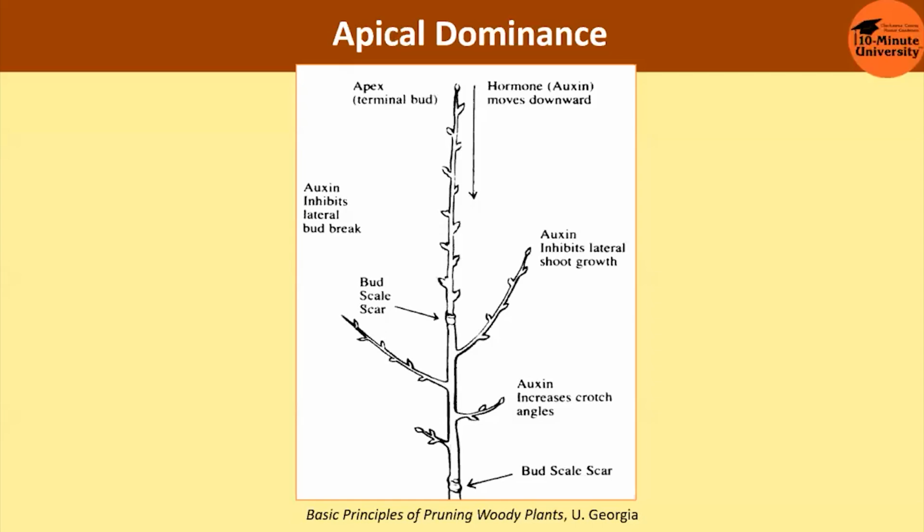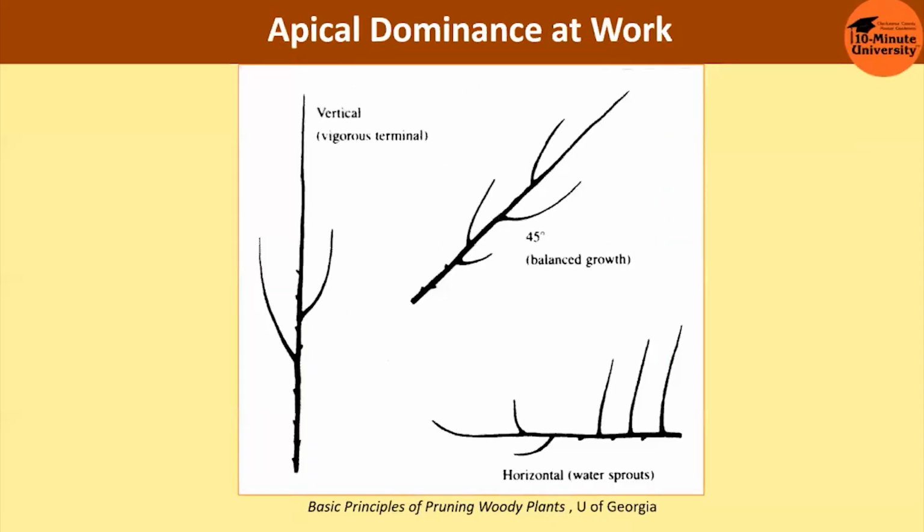So let's begin with apical dominance. Apical dominance is the result of auxin, a growth hormone that concentrates at the tip of a stem. Auxin speeds up the development of the top bud and inhibits shoots below from developing. Auxin moves by gravity.